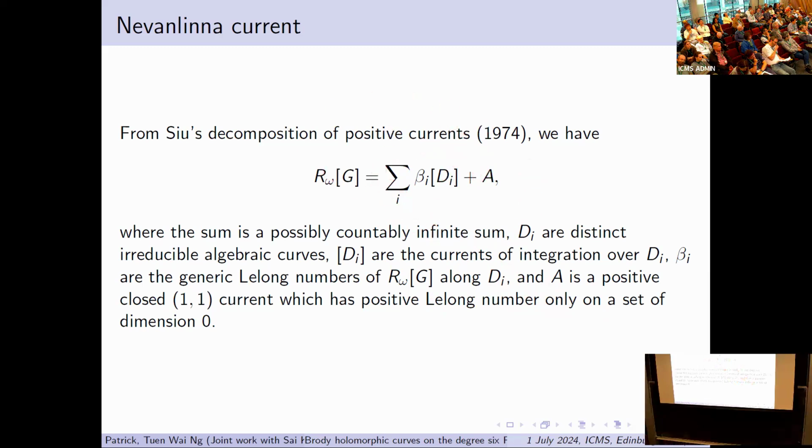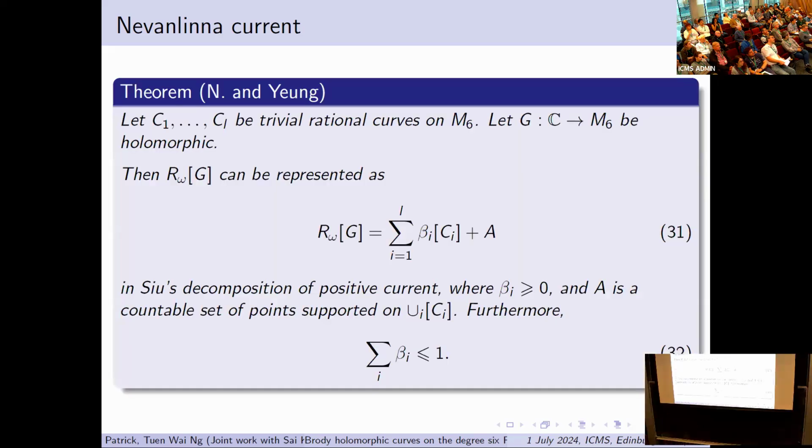But this is a general result. If you just apply this general result, you don't know what this D_i would be. Now, using our result, we can actually prove that this D_i has to be those trivial curves defined by the trivial solutions.